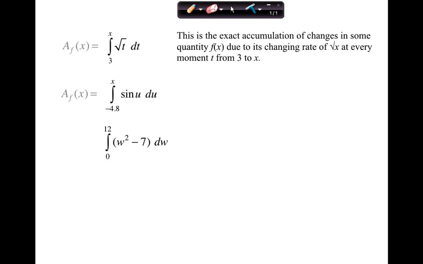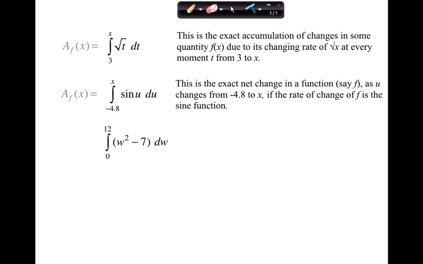It'd be one value of the function, a particular value of the function that would be represented as A sub f of 12. So you imagine that there's some function A sub f of x.